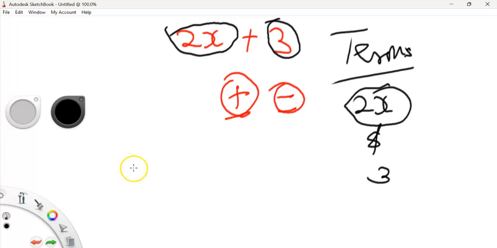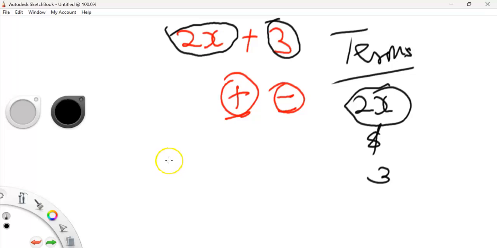If you are given something like this, it's possible that you can have an algebraic expression with up to 4 terms, 5 terms, 6 terms, 7 terms, and so on and so forth.